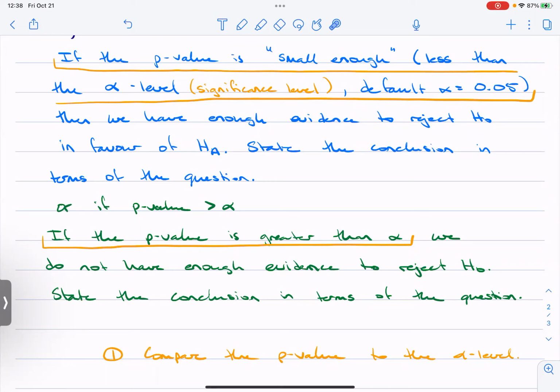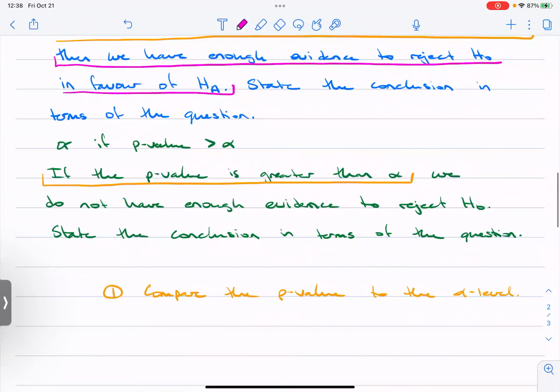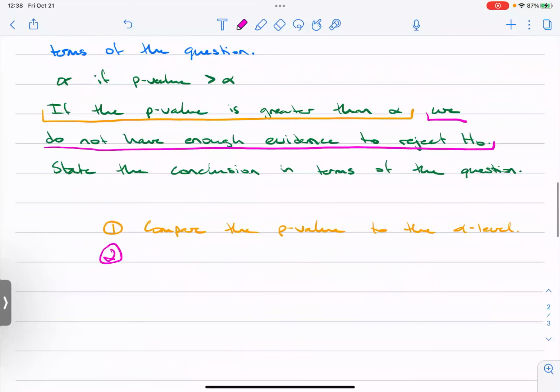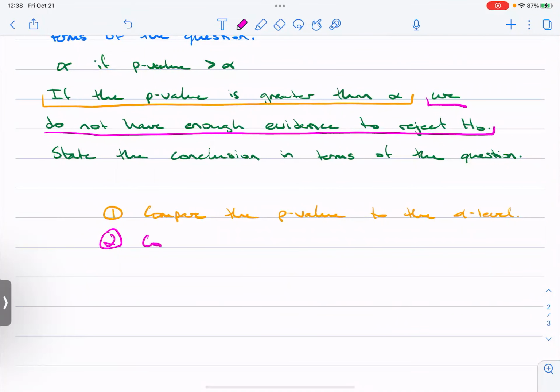But our conclusion here is always in terms of H naught. So the second part here is your conclusion in terms of H naught.